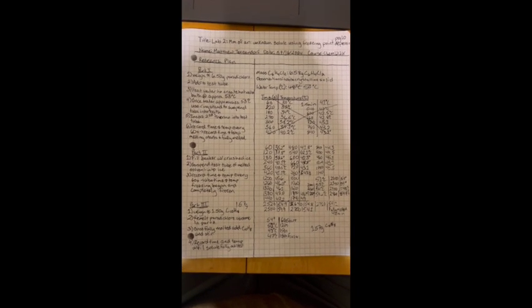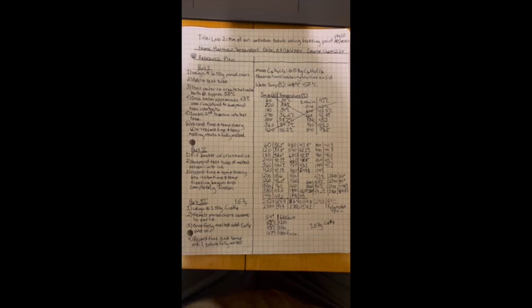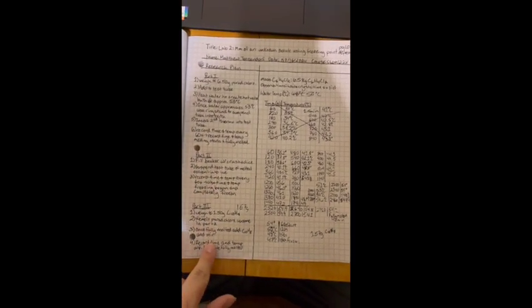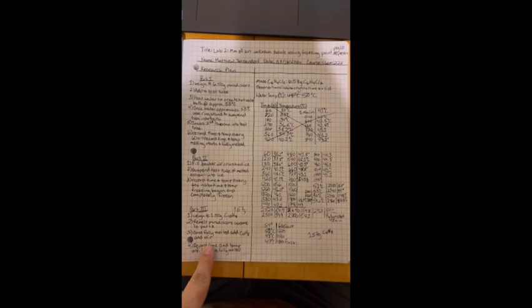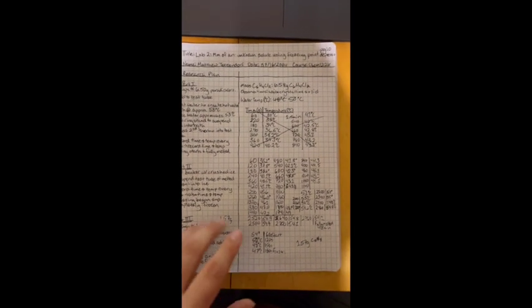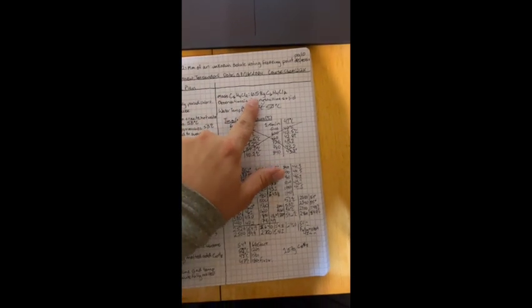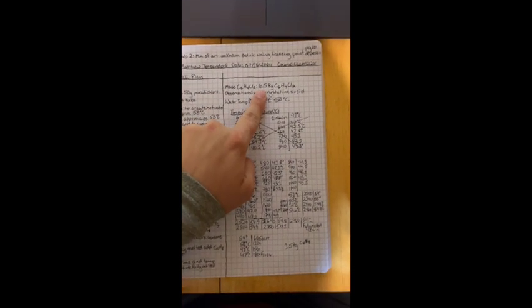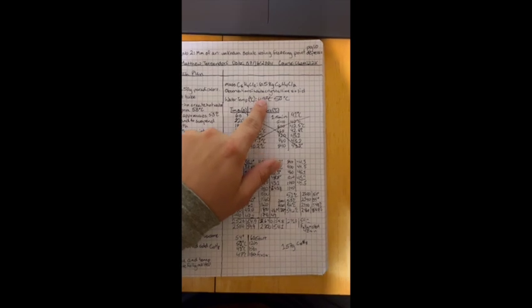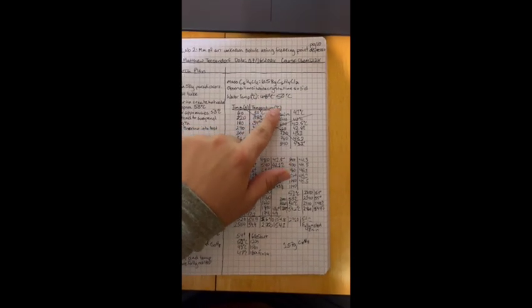So this was page 1 of the research plan and experimental part of the lab. Over here on the left side, you can see everything that I had as my research plan, my steps to follow. Over here on the right side, you can see my initial mass of paradichlorobenzene, any observations, the water temperature initially.